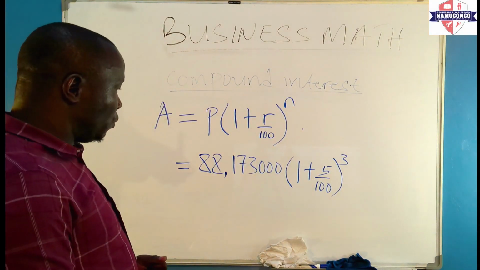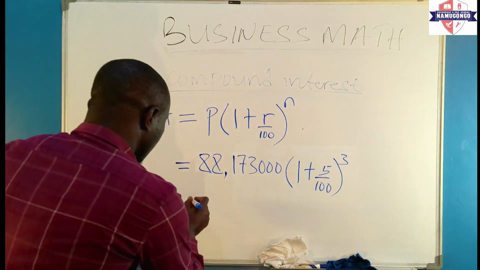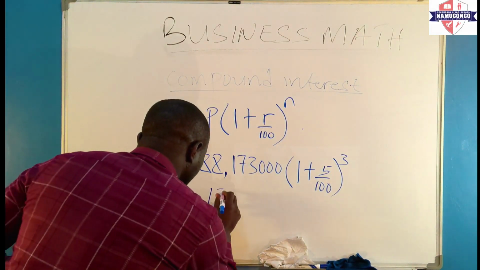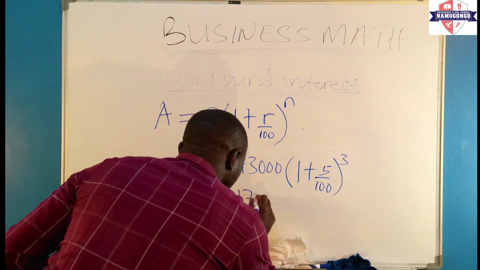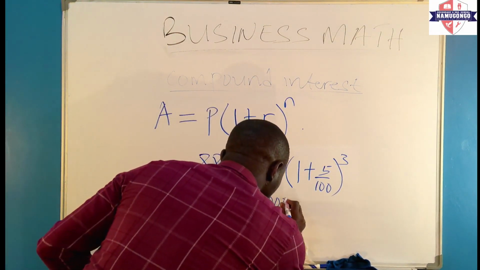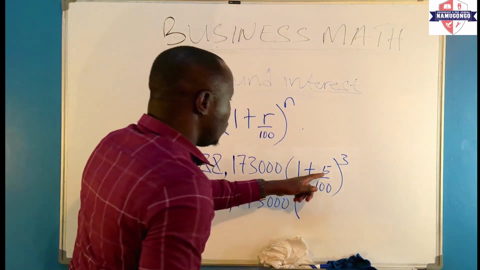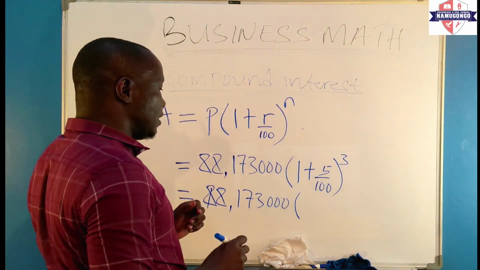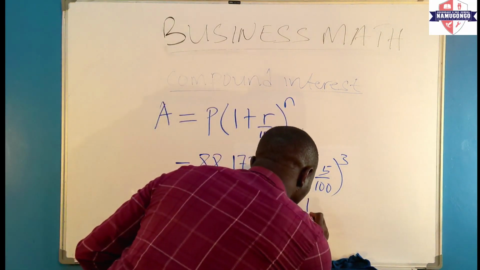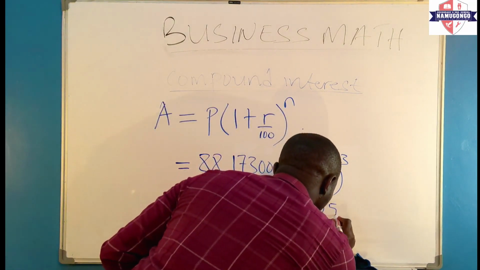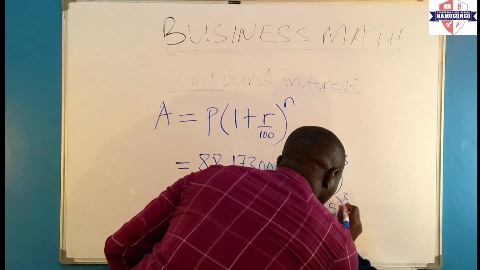So 88,173,000 multiplied by, 5 over 100, the same as saying 0.05. Then you add it to 1 and it becomes 1.05. Then the whole of this raised to the power of 3.